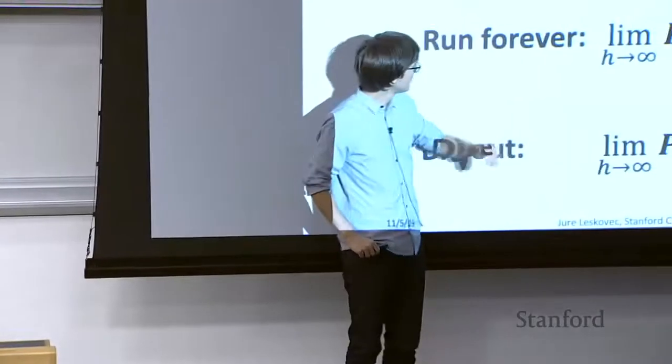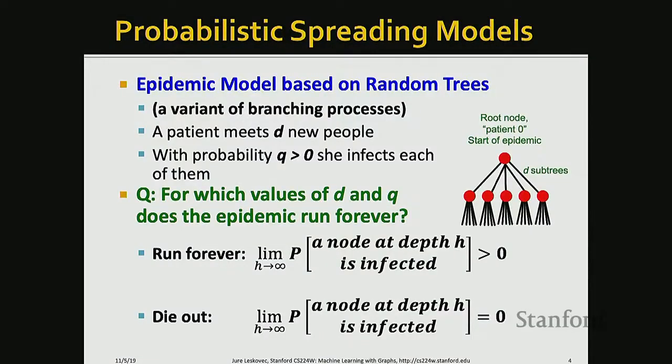What do we want to compute? We say the epidemic will run forever if the probability that we have at least one infected node at depth h, as h goes to infinity, is non-zero. If the epidemic dies out, then as the depth of the tree goes to infinity, the probability that we have an infected node at some level h goes to 0.